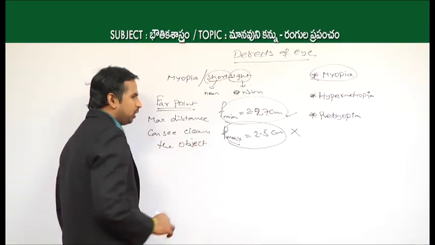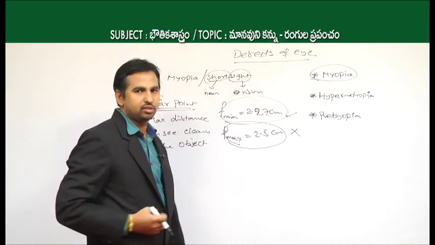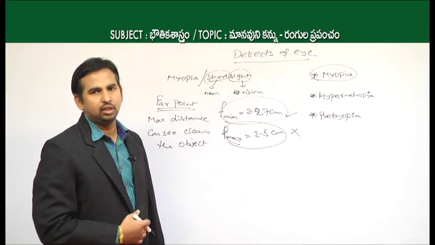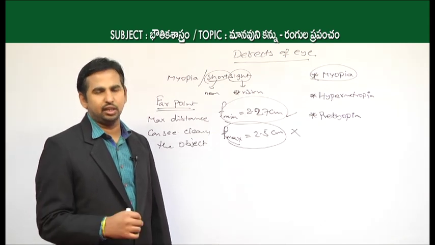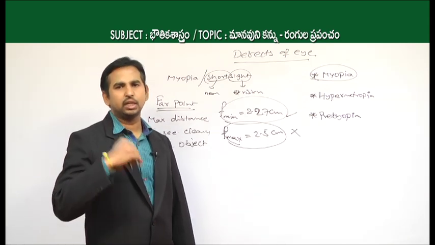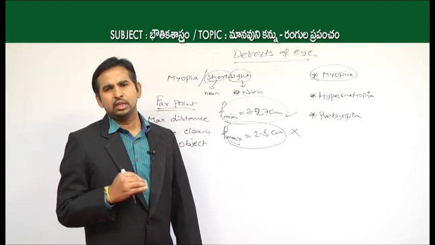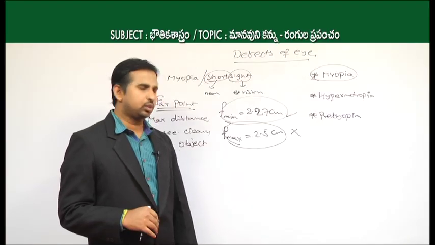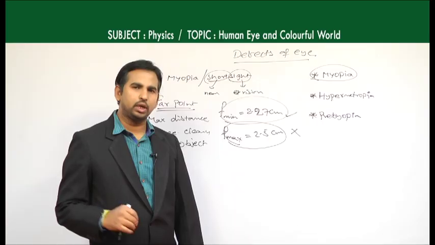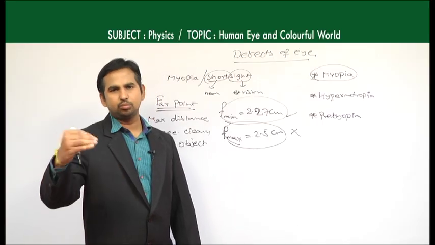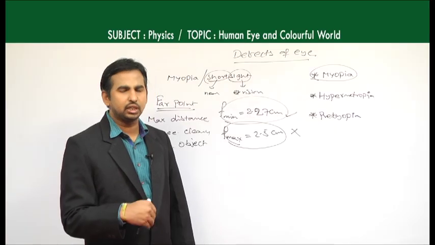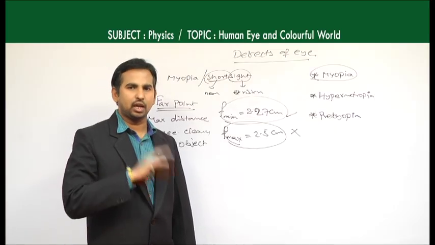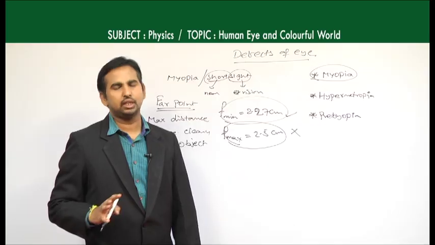As I said, myopia is nothing but short sight; we can see nearby objects clearly. So we should have a particular range for that. The far point is the maximum distance at which the myopia-defected eye can see the object very clearly.